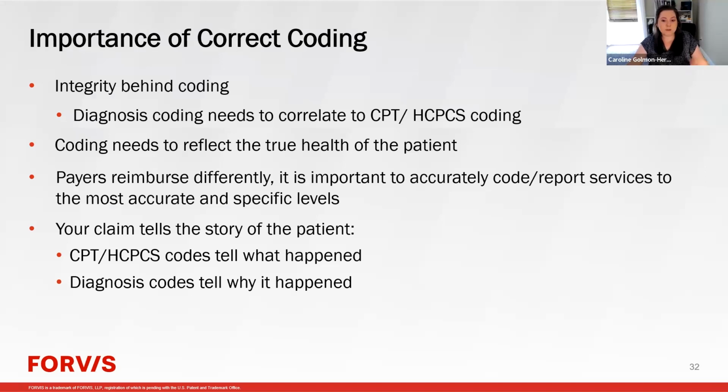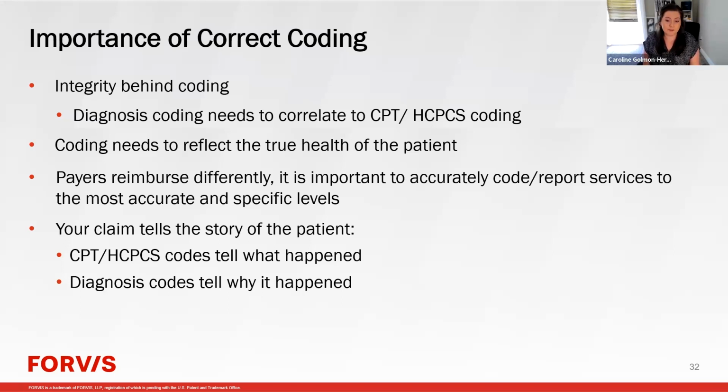So the importance of correct coding: correct coding is important regardless of the facility setting. If you're an RHC or an FQHC, the coding is there to reflect the true health of the patient. So the diagnosis code needs to correlate to the CPT or HCPCS coding.